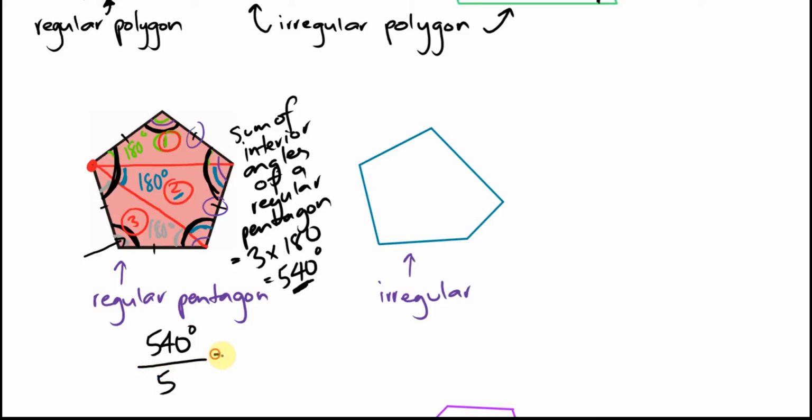So if I divide that by 5, I get 108 degrees, which means one of those interior angles is 108 degrees. Actually, every interior angle of a regular pentagon is 108 degrees. So you can apply this rule, the rule of finding out what one of the interior angles is. You can apply that to any regular polygon.